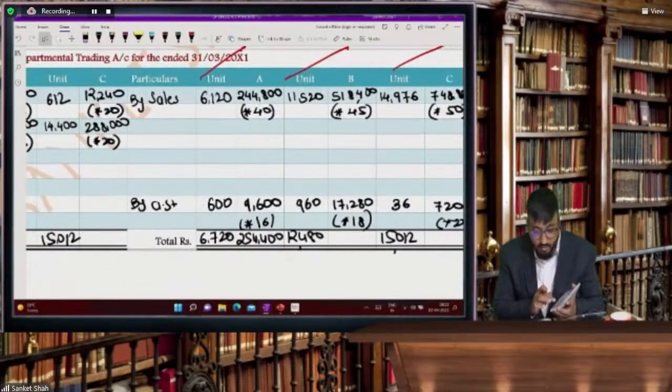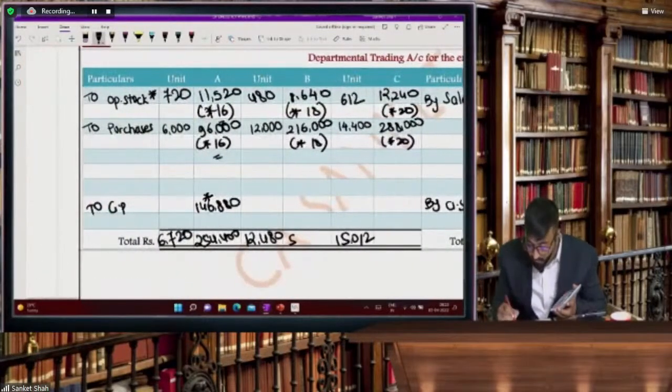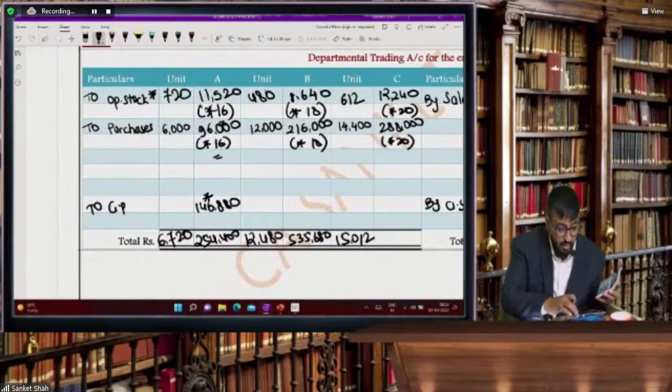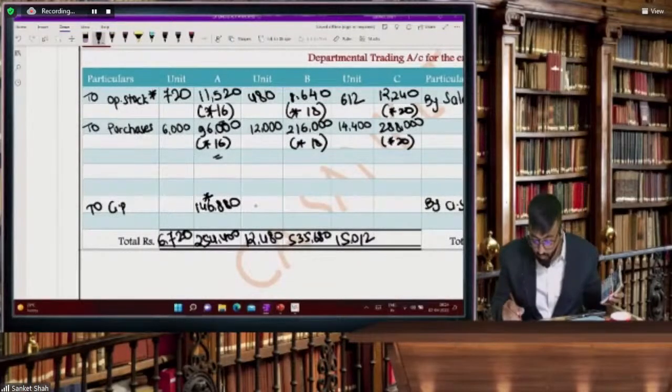51,840. I will cross tally it also. 535,680 minus 8640 minus 2,16,000. What I am getting? 311,040.